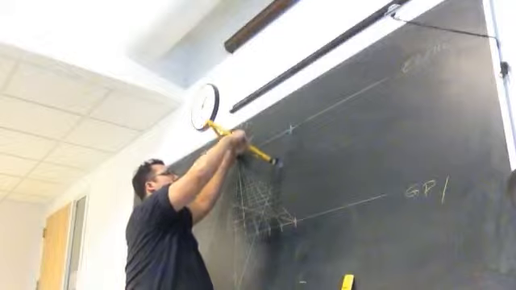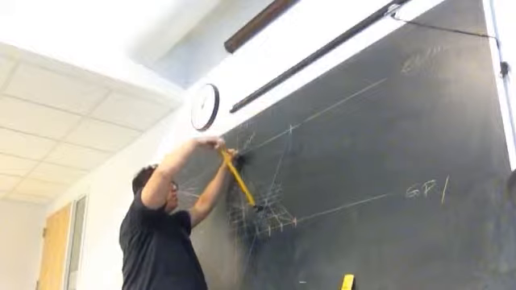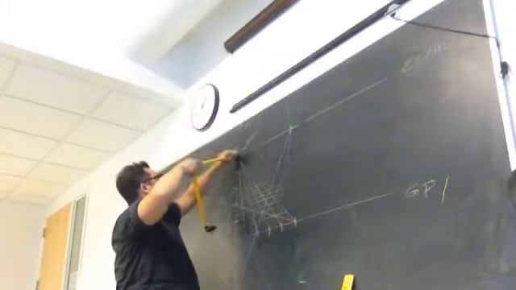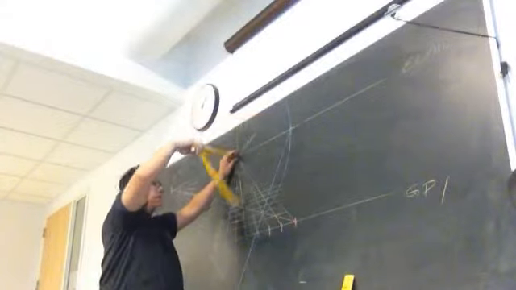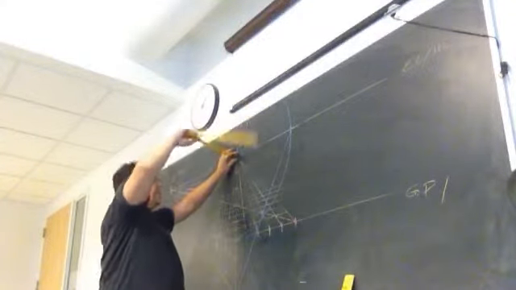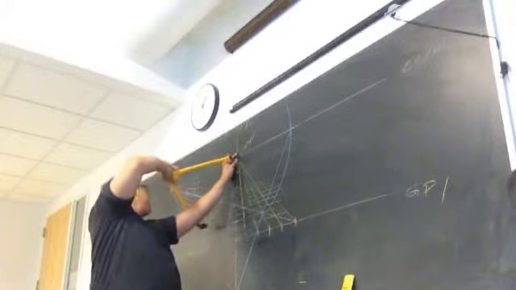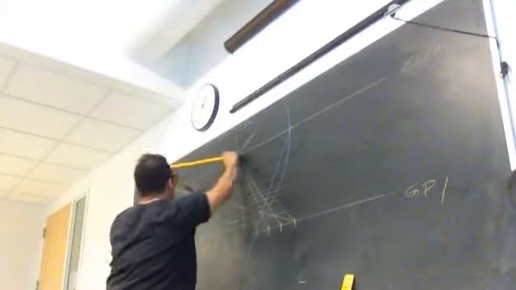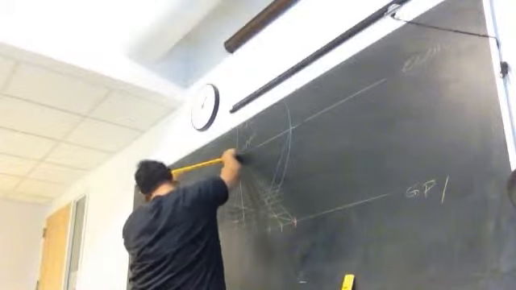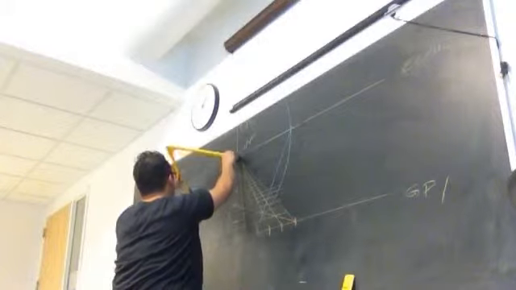Put your lead on the tick mark and draw. Alright? And that is your cone of vision.